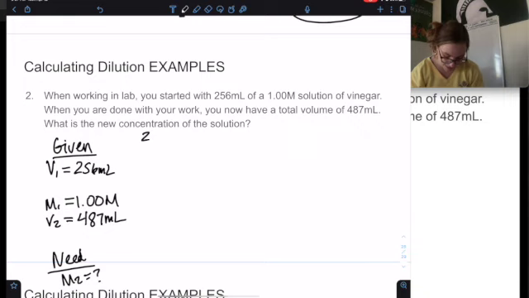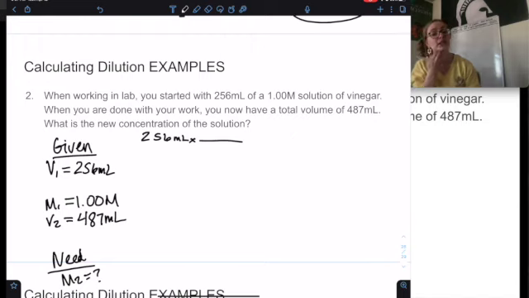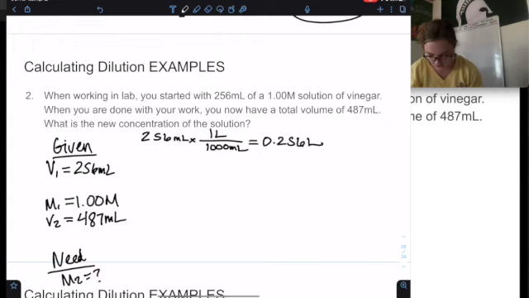In this case, I have 256 milliliters, and I want to convert that to liters. There are 1,000 milliliters in 1 liter, so that's going to put 1,000 milliliters on the bottom, so my milliliters cancel out, 1 liter on top. That gives me 0.256 liters.